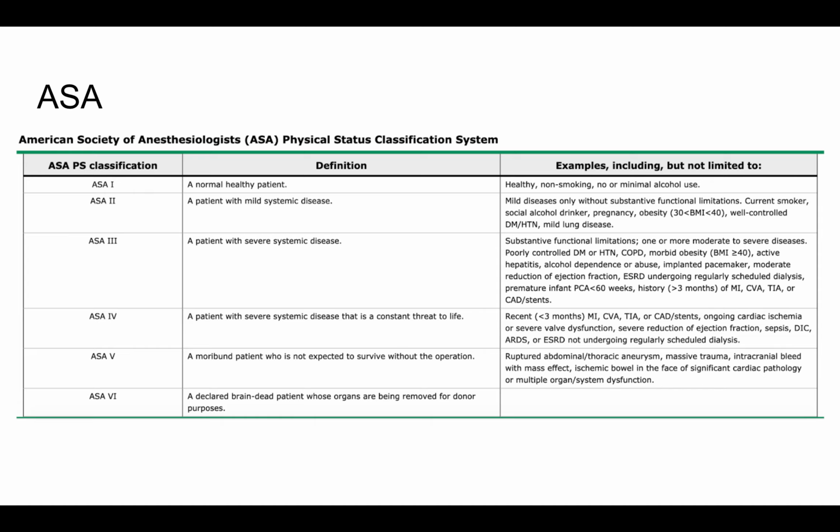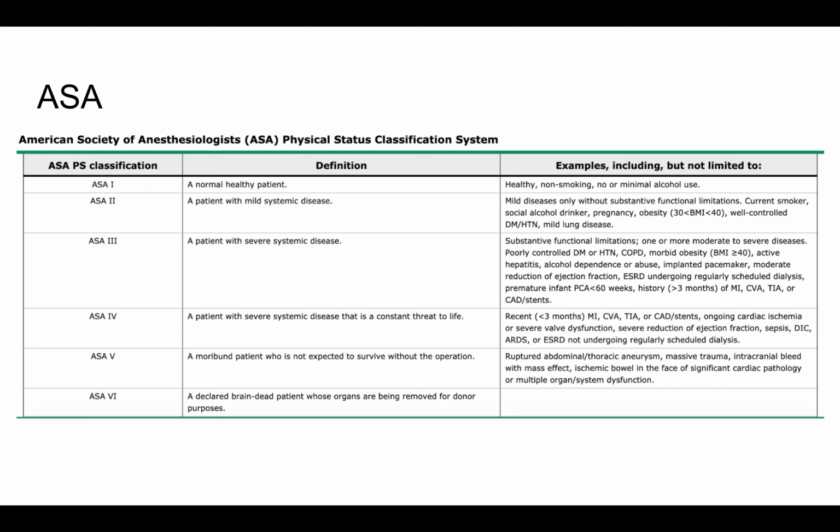ASA class 2 is a patient with mild systemic disease without substantial functional limitation. So they may be a current smoker, social alcohol drinker, pregnancy, obesity, well-controlled diabetes, hypertension, or mild lung disease. ASA class 3 is a patient with severe systemic disease, and unfortunately it seems to be a lot of the patients that we end up operating on. I'll hear anesthesia call most patients at least ASA class 2 or 3.